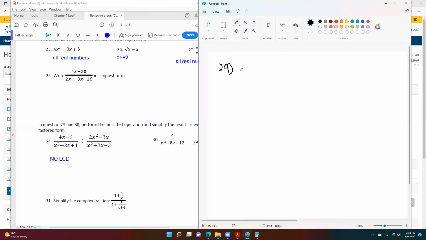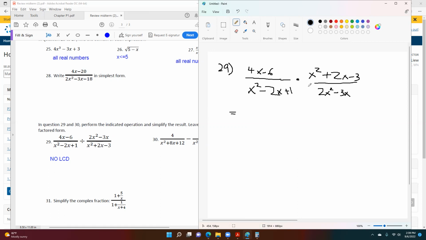Okay. So first thing we're going to do what we just mentioned here. We change the divide to a multiplication symbol and flip the second fraction. That is the first thing. And what's the next thing we do after this? Factor them.